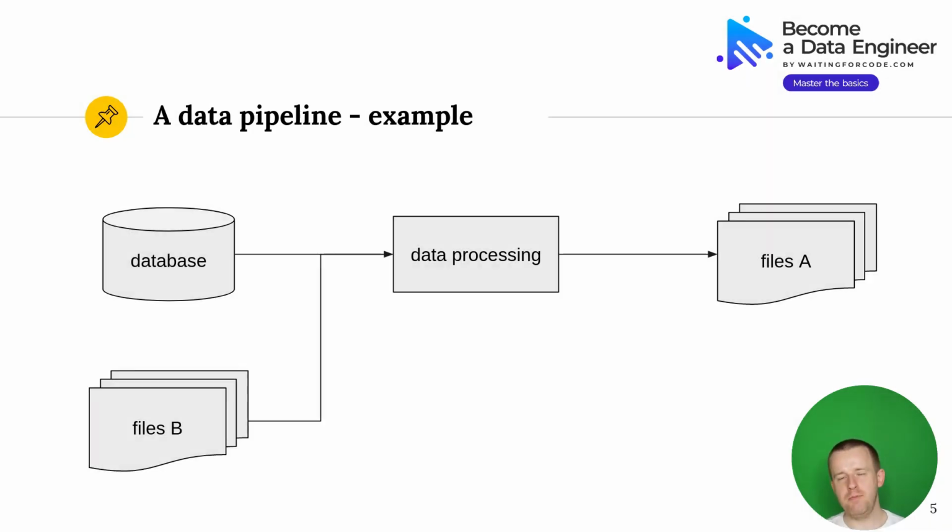And these inputs may not always be of the same type. You may have a relational database, and you may also have some JSON files stored somewhere in a distributed file system, processed together and written as a single data set to a distributed file system somewhere else.